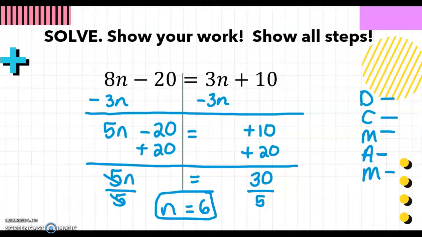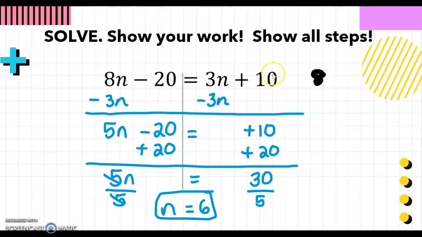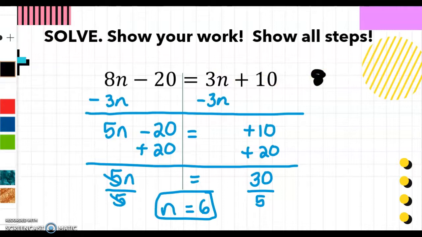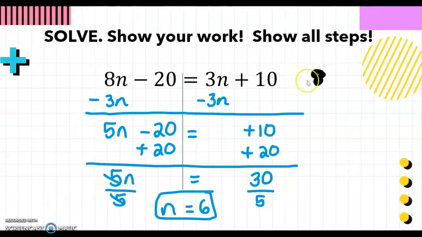Okay? I'm going to show you real quick how you can check it. It's a good idea to check your work. So we can just plug in 6. 8 times 6 minus 20 should equal 3 times 6 plus 10.